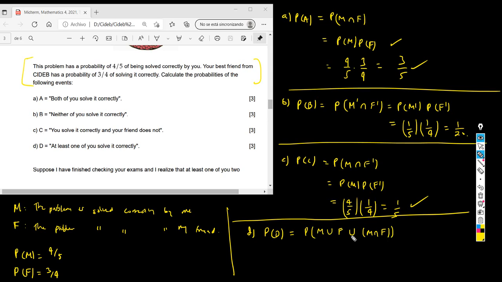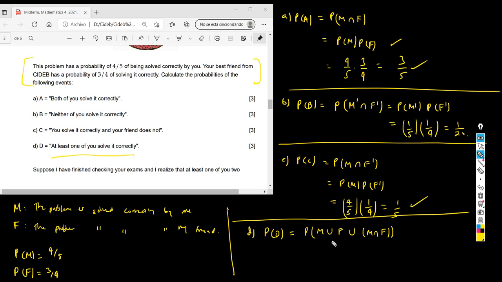You see, there are three possibilities. At least one of you solved it correctly should make allowance for only me solving it, or only my friend solving it, or both of us solving the problem. You see? It's a little trickier.